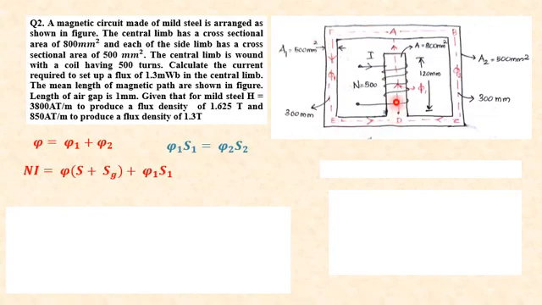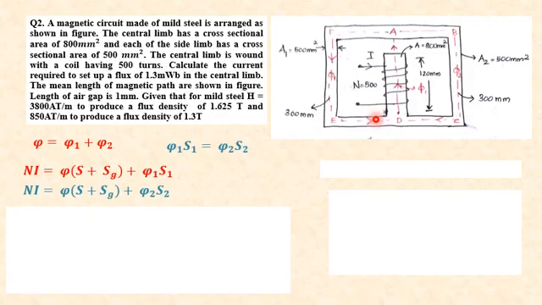That is, Ni will be equal to phi into S plus Sg, since in the central limb two reluctances are there, plus phi 1 S1. Or we can write Ni is equal to phi into S plus Sg plus phi 2 S2. So these are the basic equations for solving this problem.